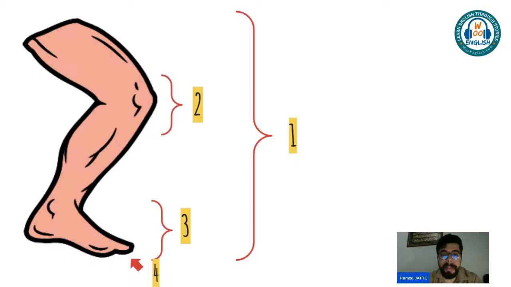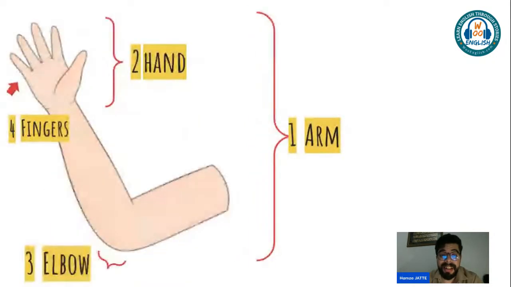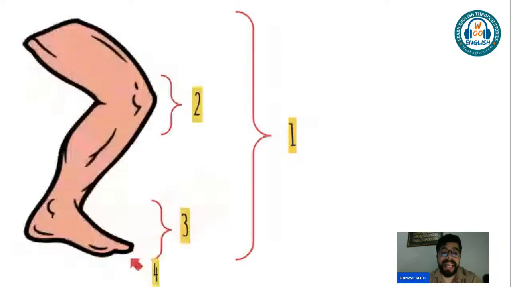All right. So what about number 1, number 2, number 3, and number 4 now? Because they are different actually. Let me go back. Here we said arm, hand, elbow, fingers. It's almost the same for the leg, but with different names, right? So again, we have 1, 2, 3, 4.